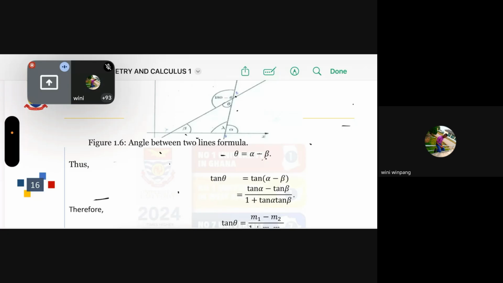Do you remember that one? Yes, madam. Okay, so if you have forgotten, you have to go and revise.